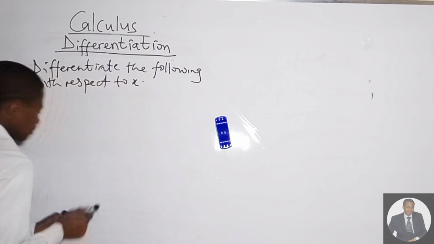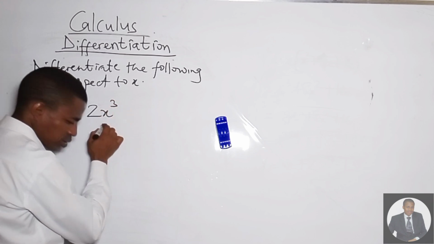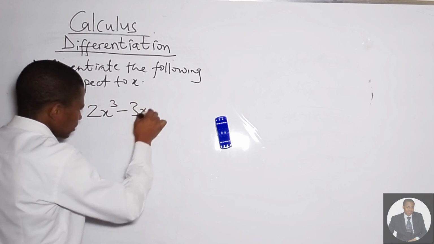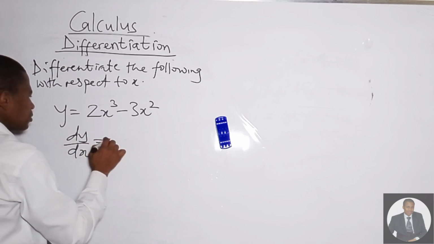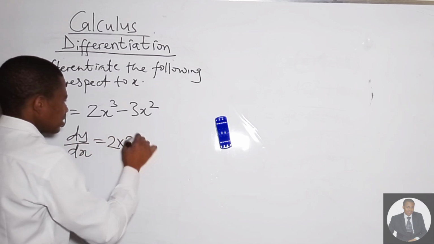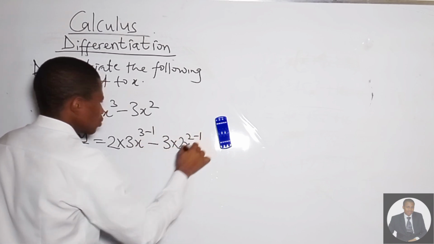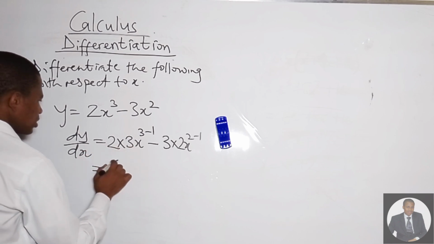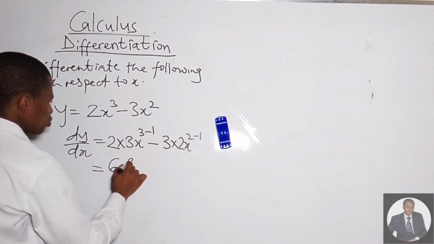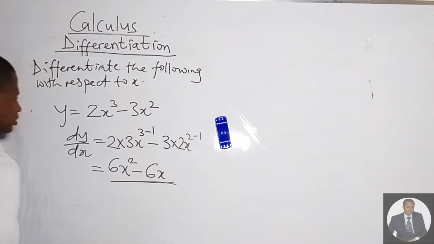Another question. y equals 2x raised to power 3, that's cube, minus 3x squared. So dy/dx will be 2 times 3, x to the power 3 minus 1, minus 3 times 2, x to the power 2 minus 1. So that will give us 2 times 3, 6x, 3 minus 1 is 2, 6x squared minus 6x. This will be the answer for this question.